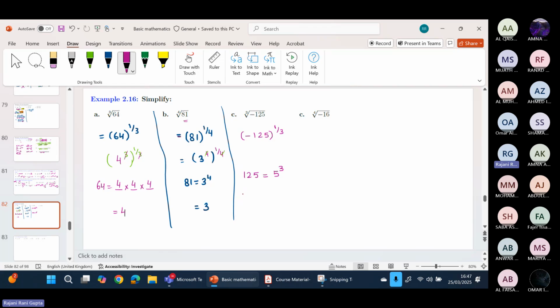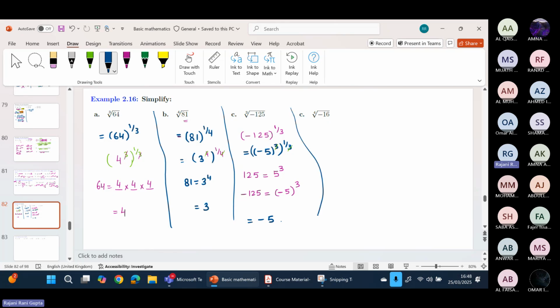Now the power is odd, so if it is minus, it means you should have minus here. Look, focus on the number first. So it is minus 5 power 3 and whole power 1 over 3. Cancelling 3 with 3 gives you minus 5.